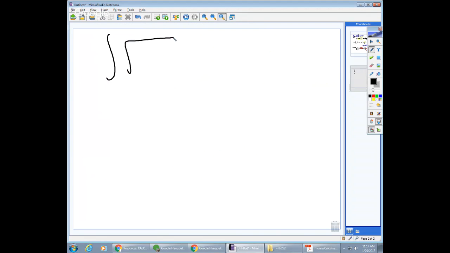The square root of x minus 1 over x to the 5th with respect to x. Interesting. So we just try something, see what happens. Any thoughts? We got to pick something to try and make this simpler.